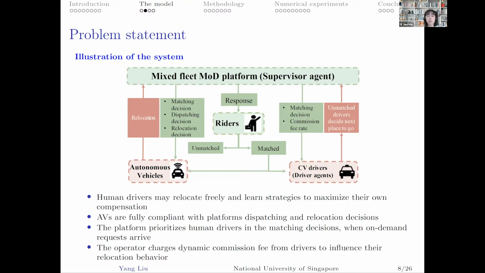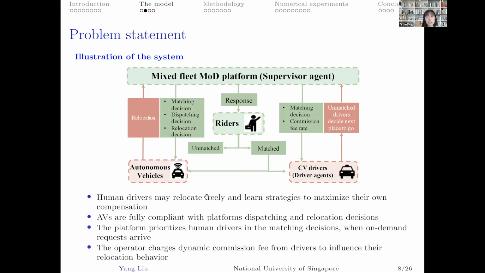At the same time, we use a dynamic commission fee to influence the drivers' behavior, so that we can achieve a high level of service, make the drivers benefit, and also complement the service by using AV service.